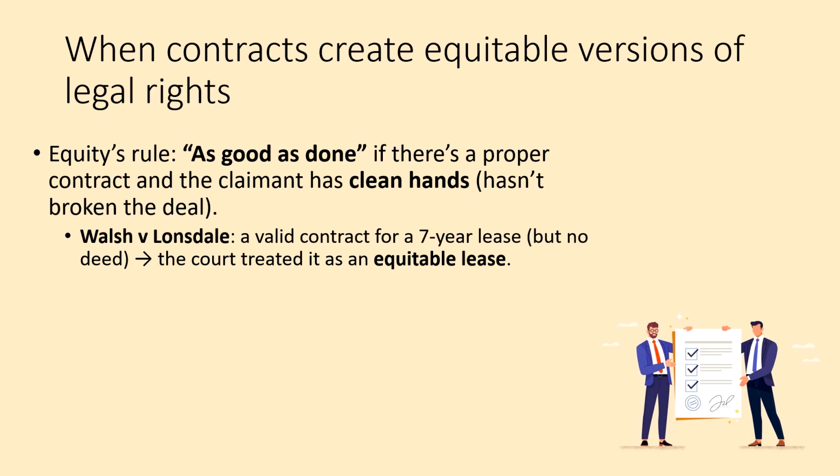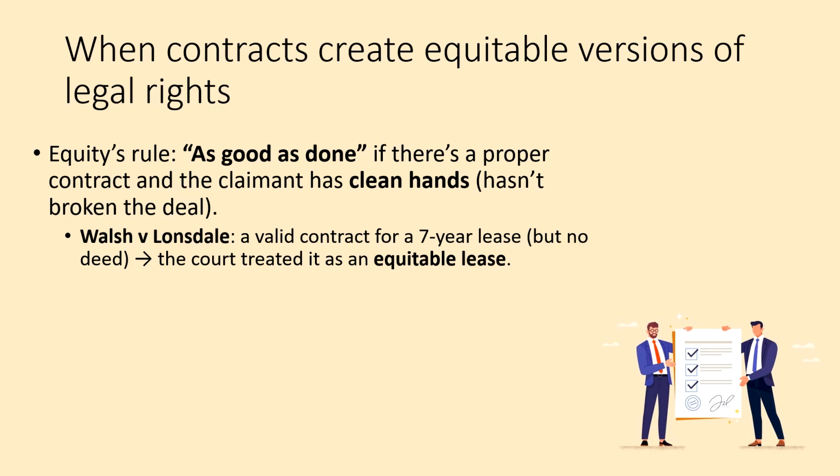In Walsh versus Lonsdale, for example, the two parties made a valid contract for a 7-year lease. So some party wanted to get a lease for 7 years. They made a contract, there was payment, everything important that you need for the contract.